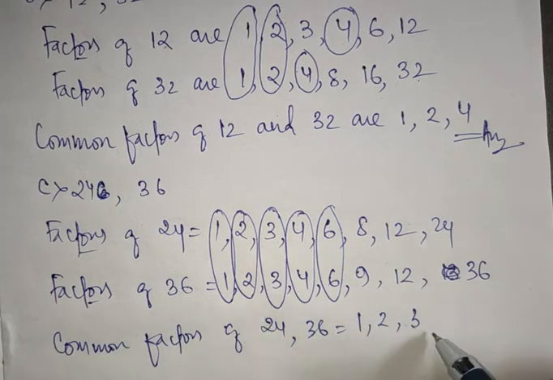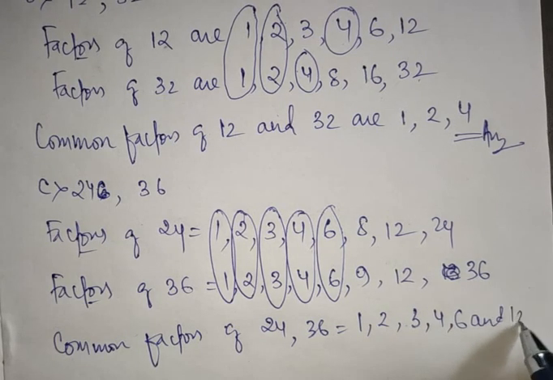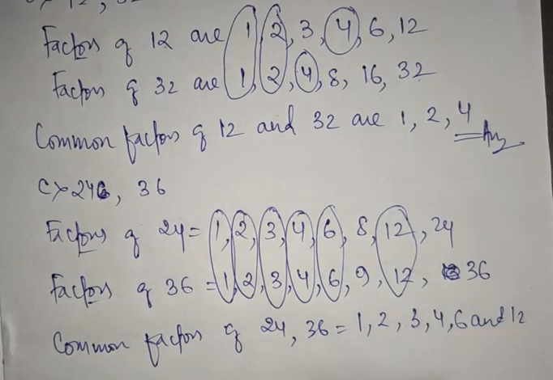So 1, 2, 3, 4, 6 and 12. This will be the overall common factors between 24 and 36.